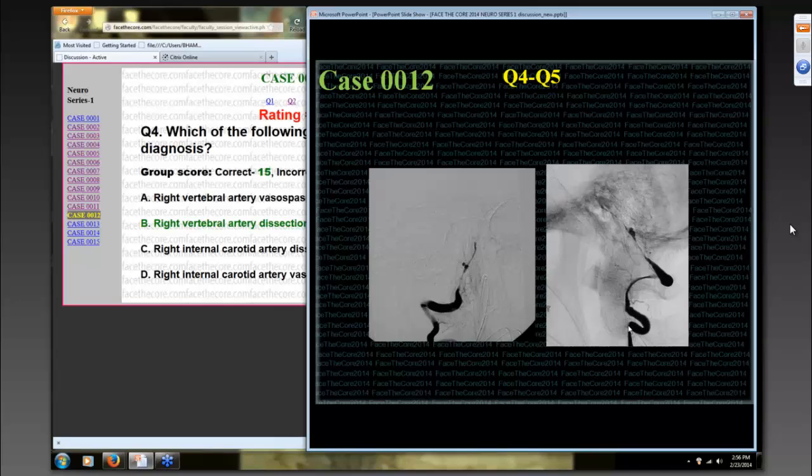In both cases, the more frequently involved segment is that, but wherever the dissection extends or primarily involves the V4, which is intradural, then it can cause subarachnoid hemorrhage. But otherwise, for non-traumatic subarachnoid hemorrhage, as we said, the commonest cause is, of course, an aneurysm. But in this case, the angio shows a typical string and pearl sign of the distal vertebral artery on the right side.